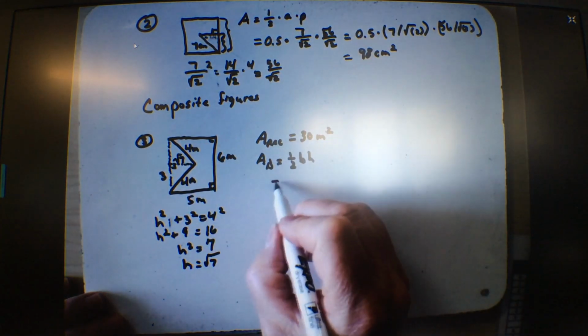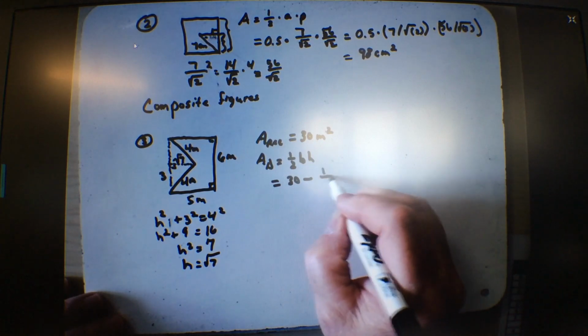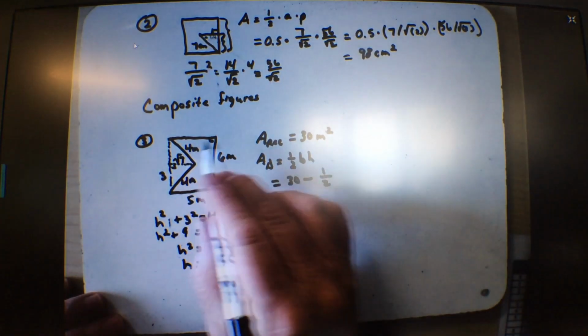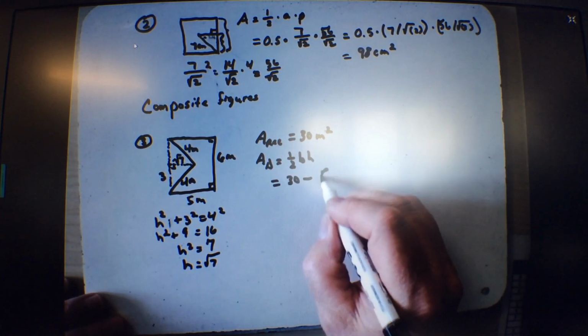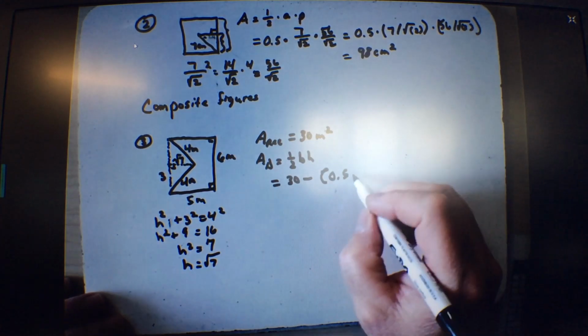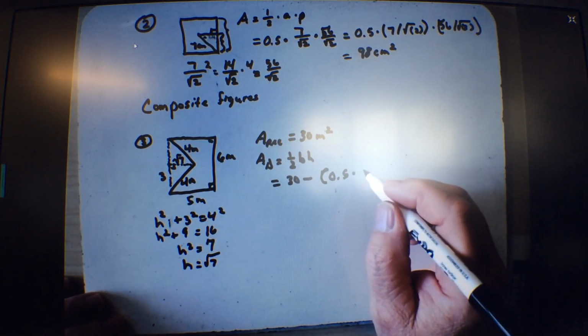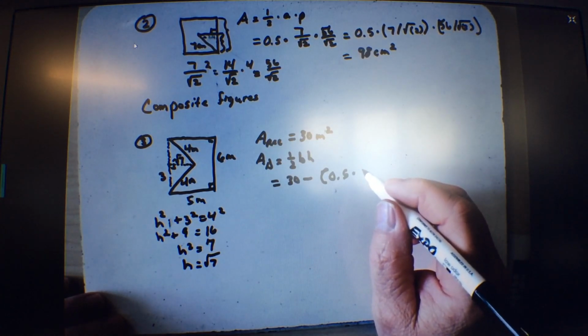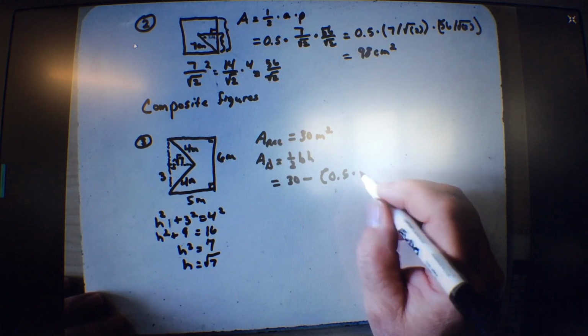So what I'm going to do is take 30 minus, because we're going to take the whole rectangle minus, and I'm going to use 0.5, and put this in parentheses, 0.5 times the base, which was what? What's the whole base? Be careful. What's the whole base of the triangle? No, 3 is half the base. 6.